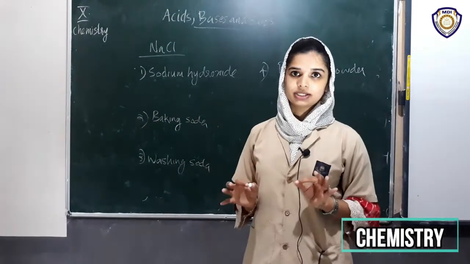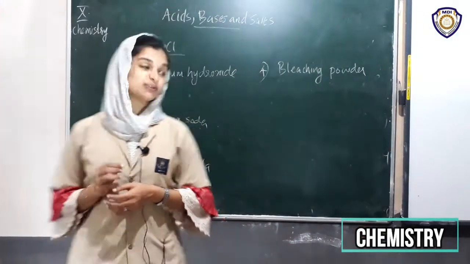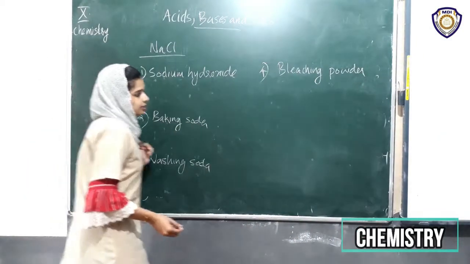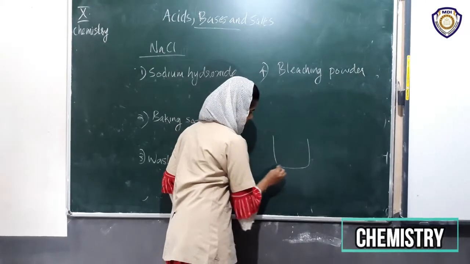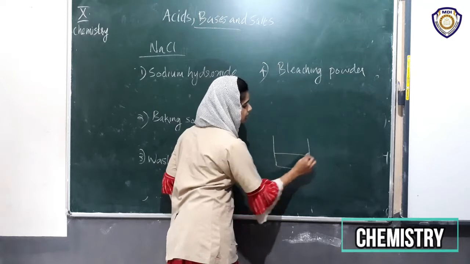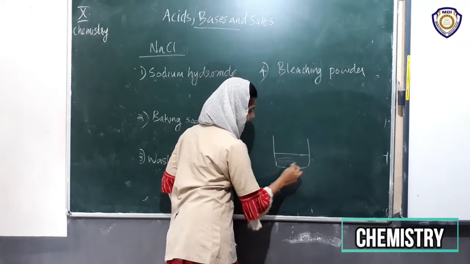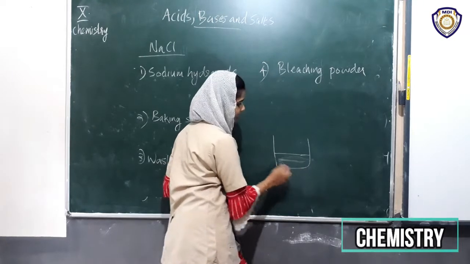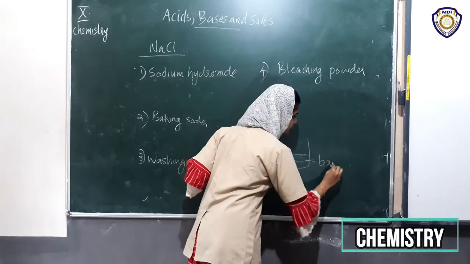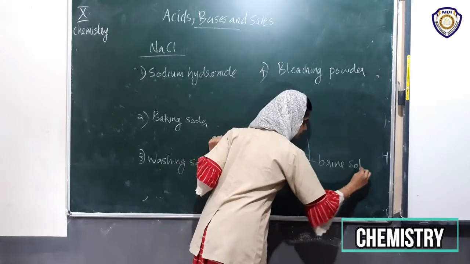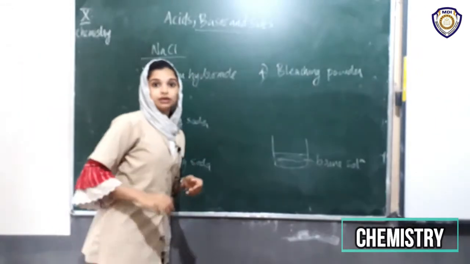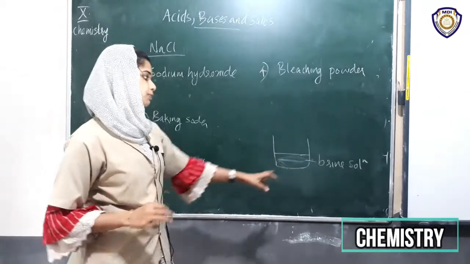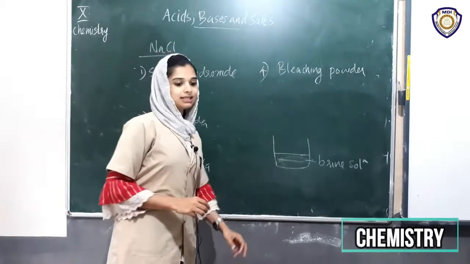First, sodium hydroxide. How is it prepared from NaCl? NaCl salt is dissolved in water. A solution of sodium chloride is known as brine solution.